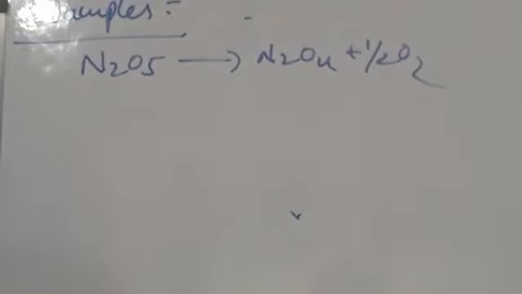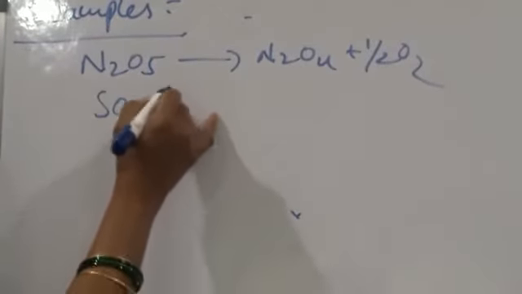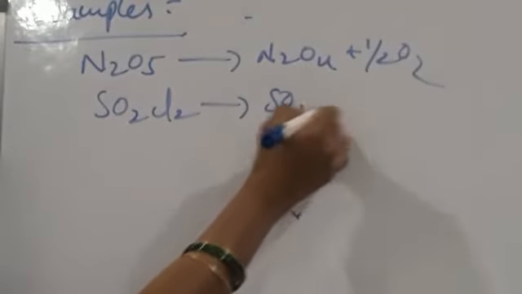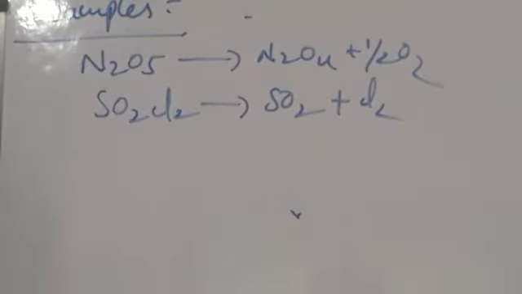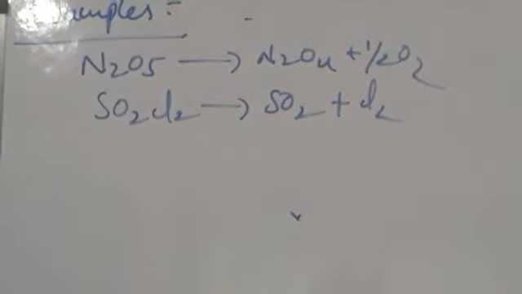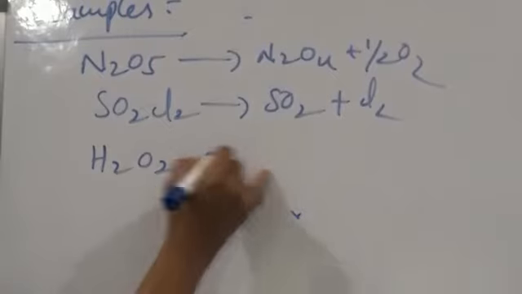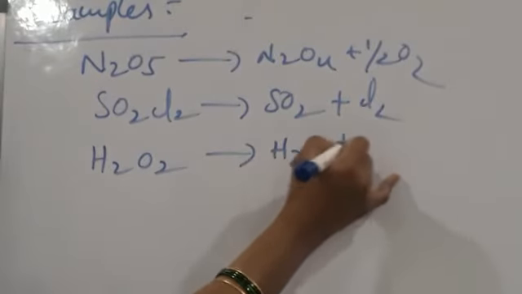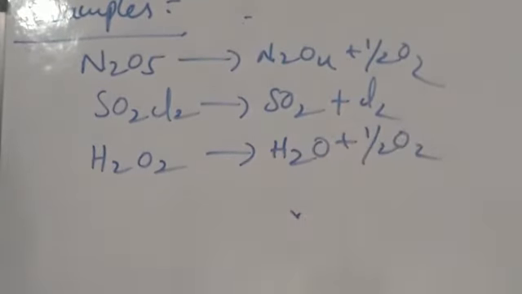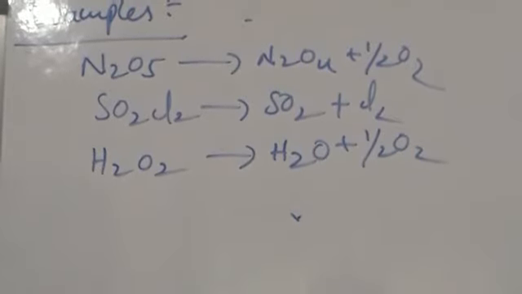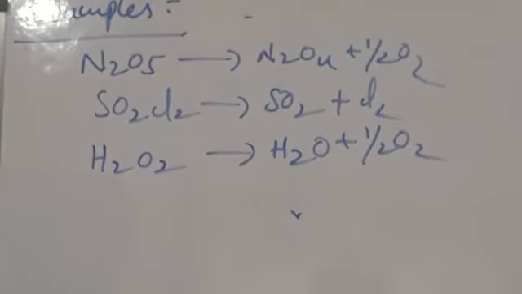Then decomposition of SO2Cl2: SO2Cl2 decomposes into SO2, sulfur dioxide, and chlorine. Then decomposition of hydrogen peroxide: H2O2 decomposes into H2O and half O2. Then disintegration of radioactive elements. All radioactive disintegration reactions are also first order reactions.